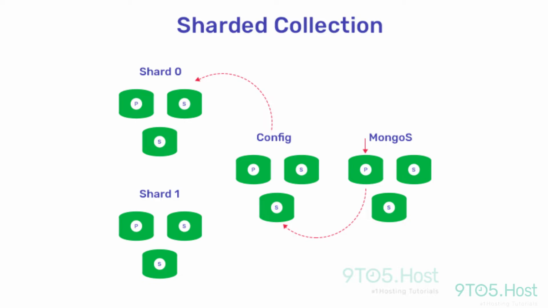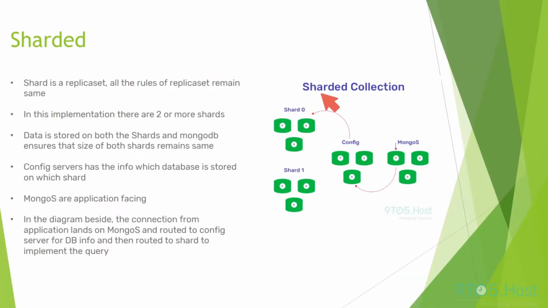What happens is the connection from the application comes to mongos. But before explaining that, I want to discuss when you opt for a sharded cluster. If you expect a lot of data growth, in terabytes, down the line, then you opt for a sharded cluster.